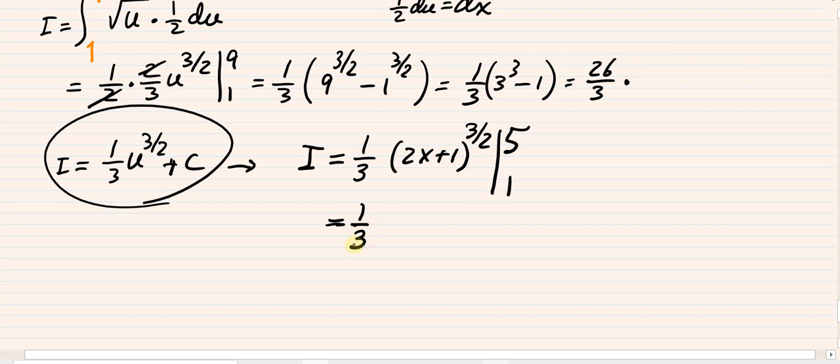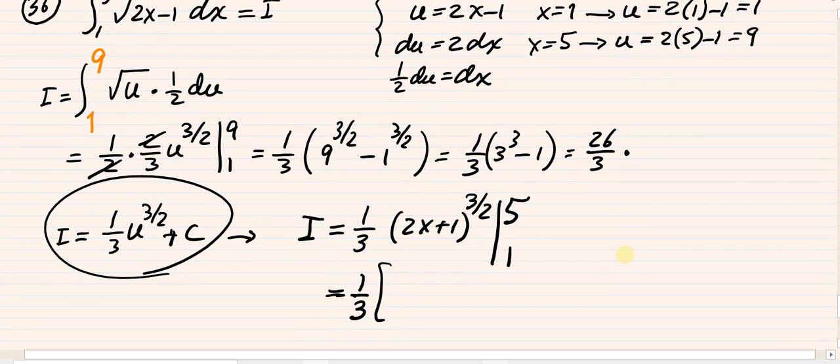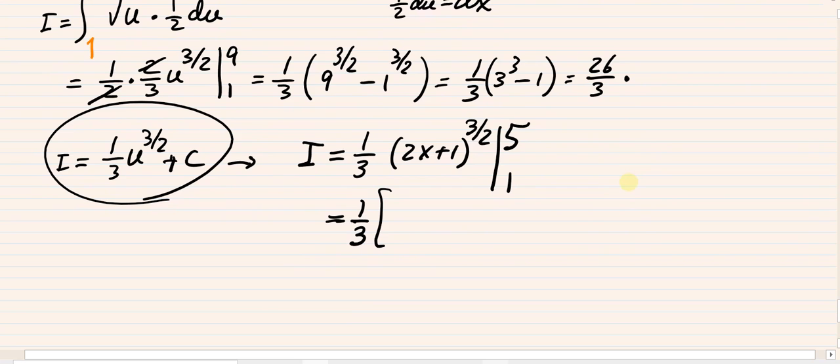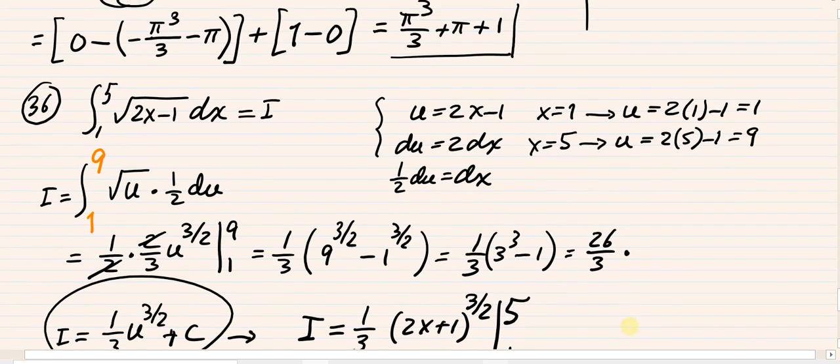All right, so that's going to be 1/3. 2x, that's 2 times 5. I'm doing fundamental theorem. Upper minus lower limit. 2 times 5, 10 plus... 1. That's going to be, let's see. Yeah, that's going to be 11 to 3/2, and then minus 2 times 1 is 2, is 2x minus 1.